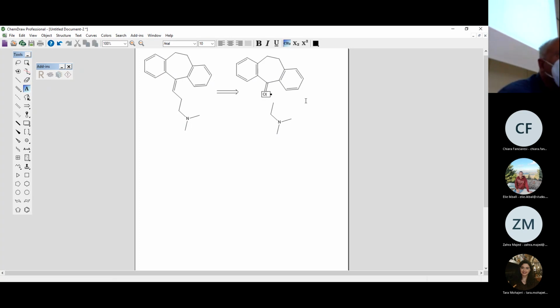This ketone is called dibenzosuberone. It's commercially available. I used this compound in the lab for the synthesis of particular compounds, so we can buy this compound on the market.